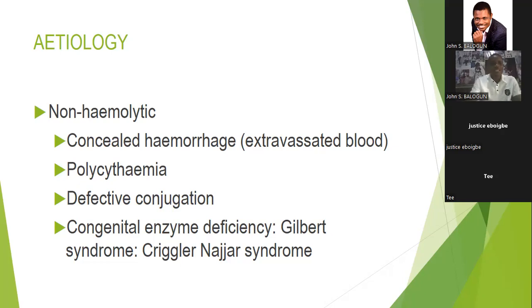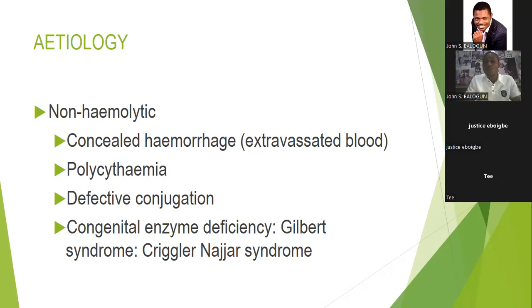Another thing is polycythemia. Babies who are born with polycythemia, examples are especially infants of diabetic mothers. In infants of diabetic mothers, there is generalized excessive growth. They have generalized hypertrophy because of so much exposure to glucose while in the womb.